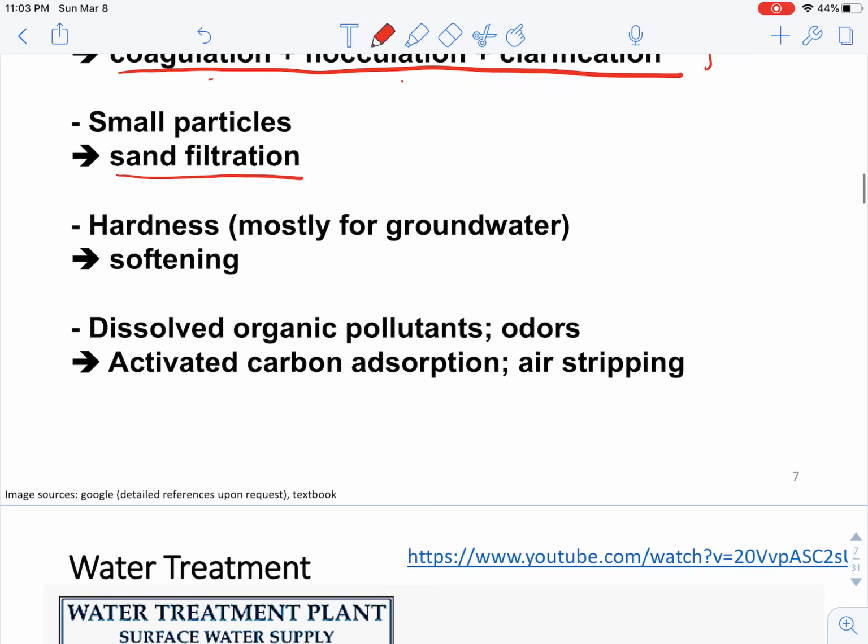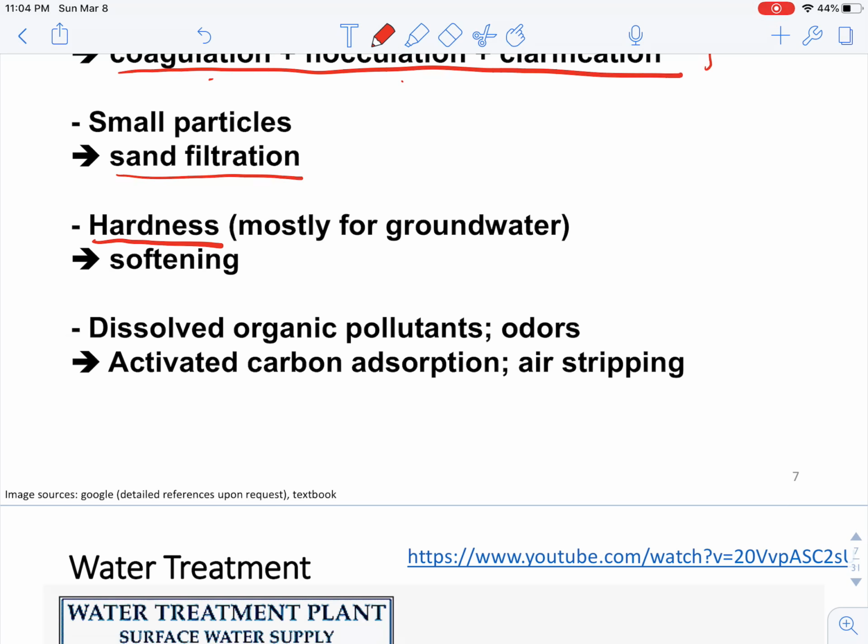And for the deep well water, which is the major source of potable water in Rolla, we have to consider the hardness. So basically, we need to remove the hardness from the water. And for this process, we call that softening, right?